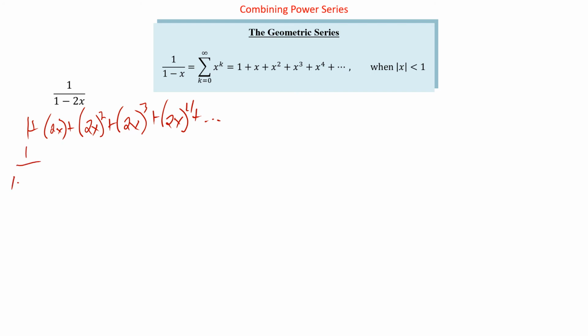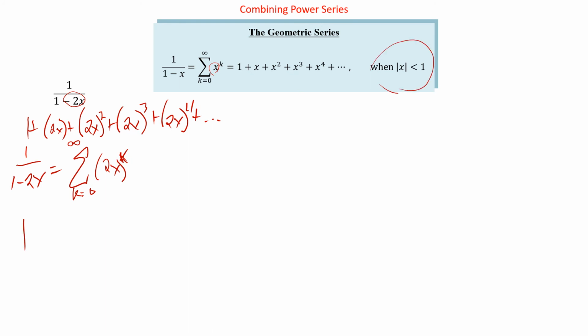So 1 over 1 minus 2x will equal the sum from k equals 0 to infinity of 2x to the k. So we replace the x with 2x here. We replace the x with 2x in the series as well. It happens perfectly. And then also replace the x with 2x when it works.